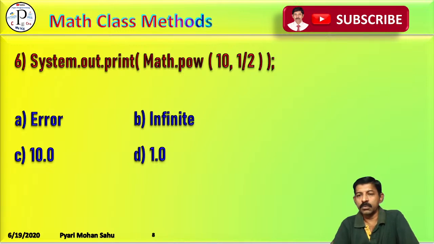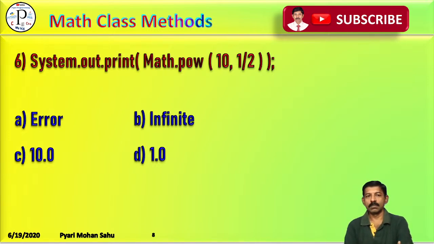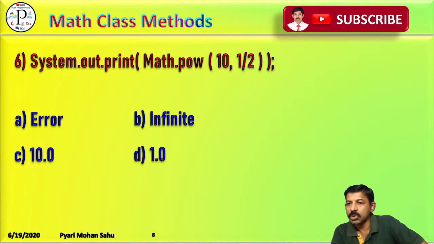Now it is in the form of a fraction. 10 to the power 1 by 2. Good answer. The explanation is coming now. Good. Now the explanation is given by Ayusma.